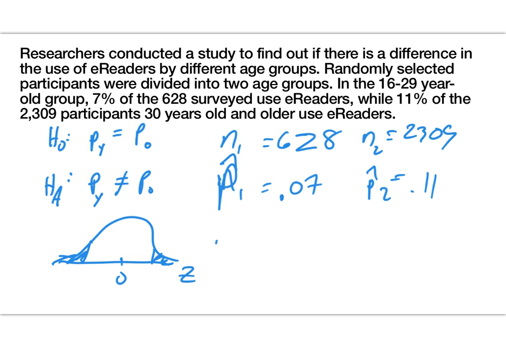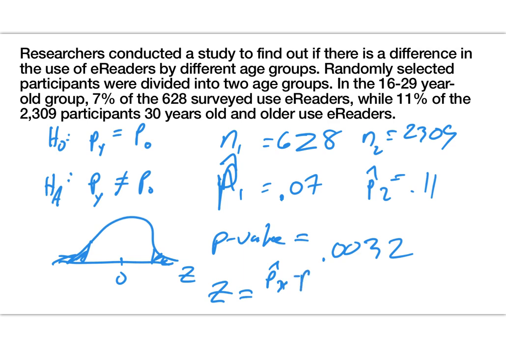And it tells me my p-value is 0.0032. Based off of a z-score that came from this equation, p hat 1, so for me, that's p hat young minus p hat old minus 0. It's 0 because you have the null hypothesis.